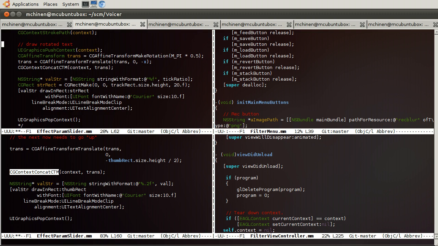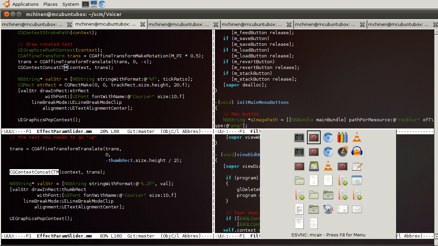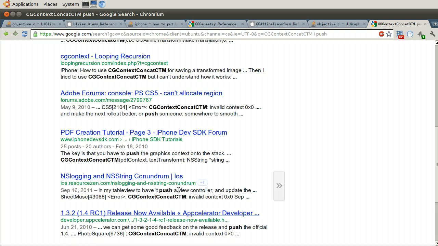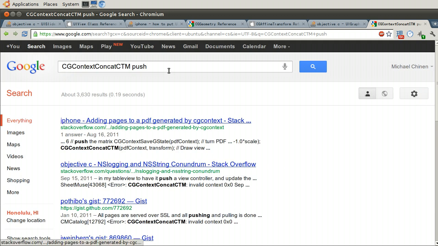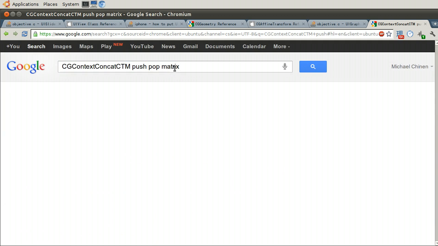Something within these 10 lines or so. It's probably this concat. Push pop matrix. How's that?